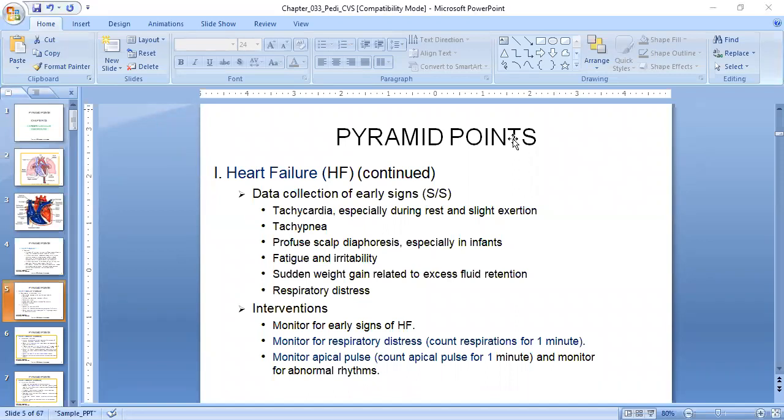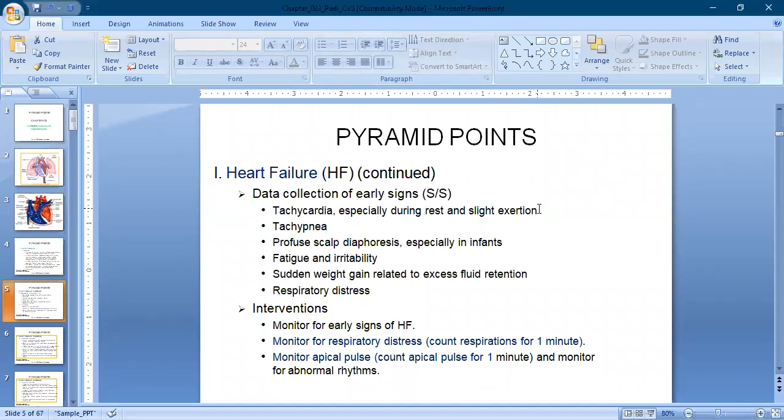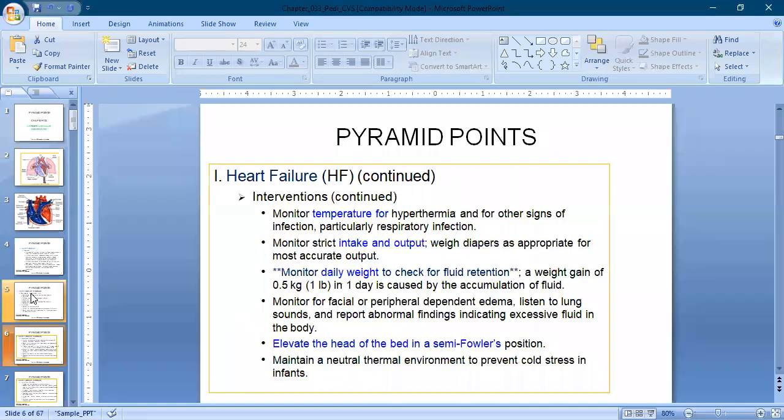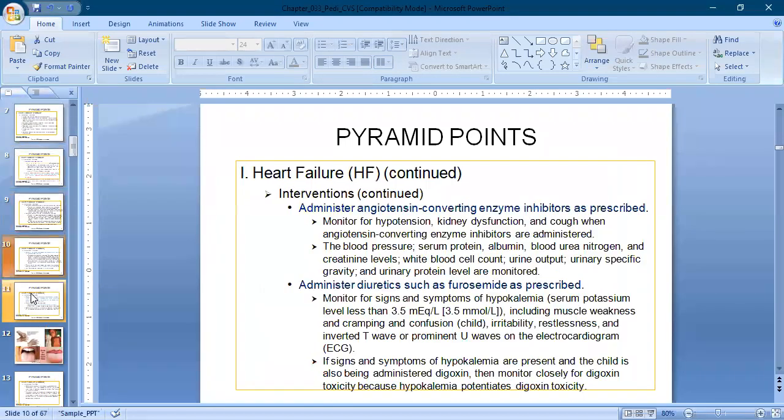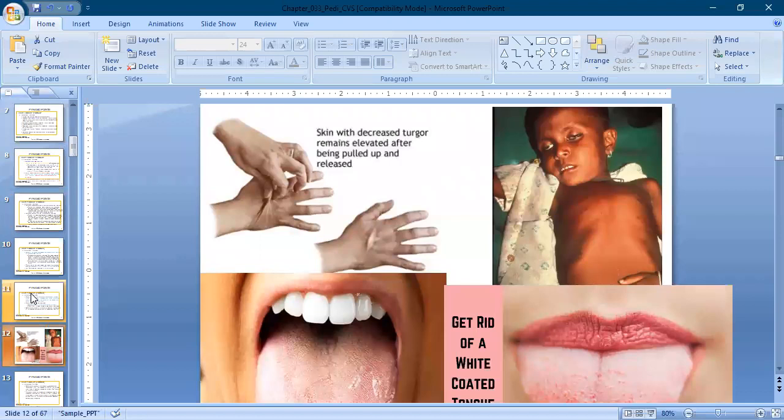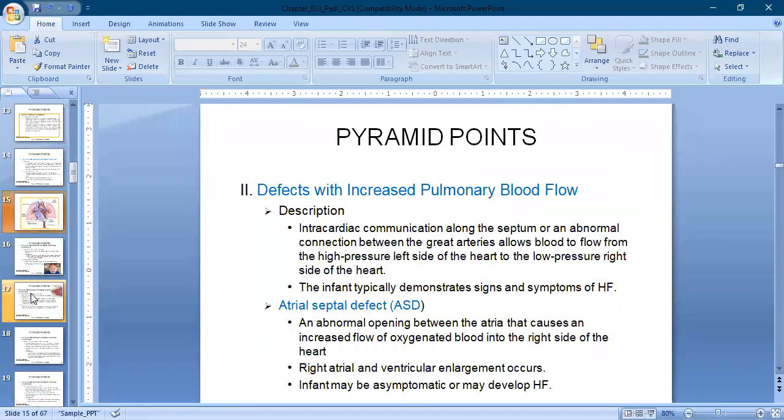So all of these are related to each other. These are the most common signs and symptoms that develop when a patient has heart failure.